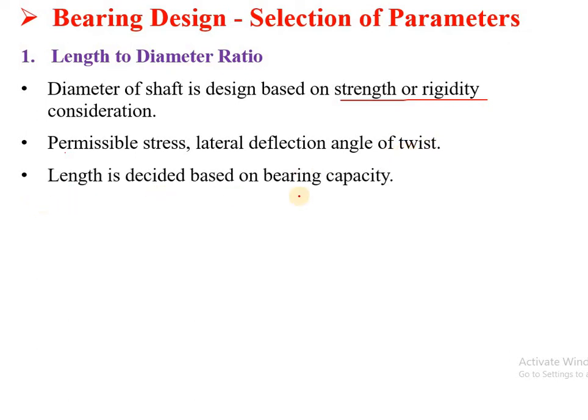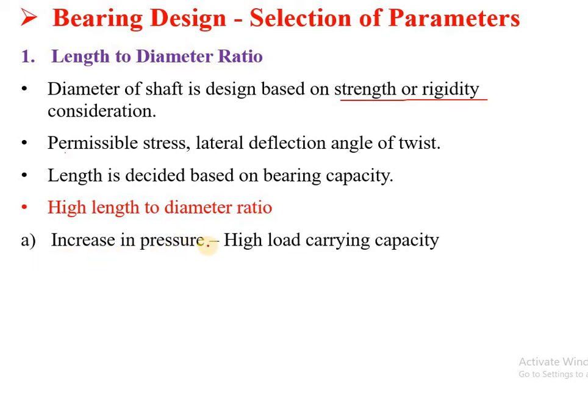Now, the length of the bearing is decided based on the bearing capacity. The length to diameter ratio affects the bearing performance. If the ratio is high, then there is an increase in pressure in the bearing, which increases the load carrying capacity of the bearing.